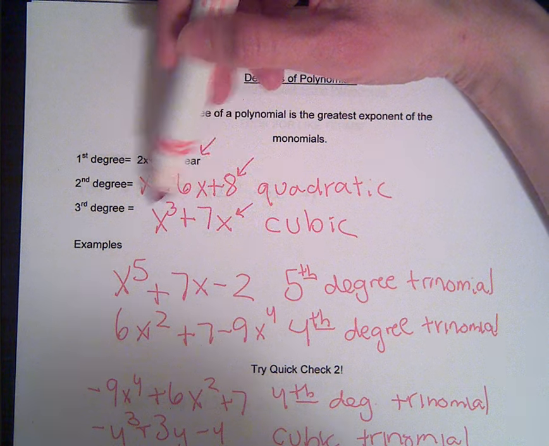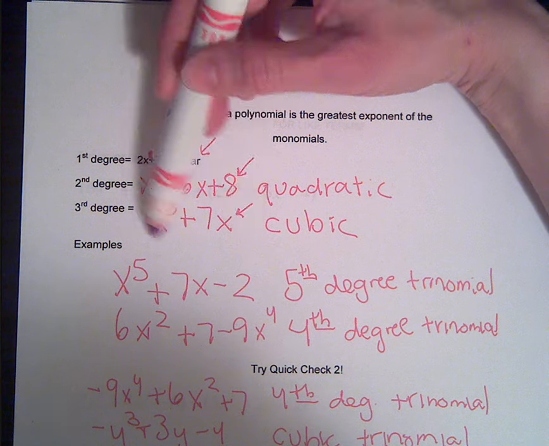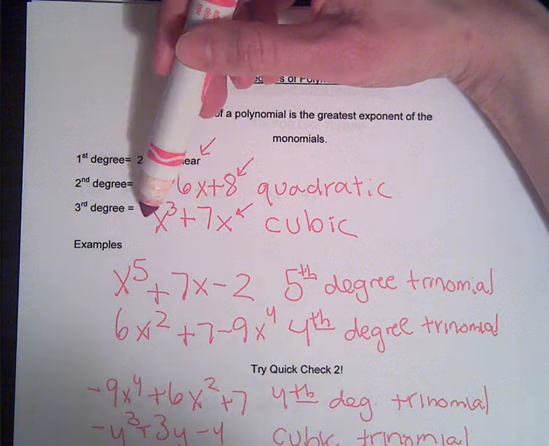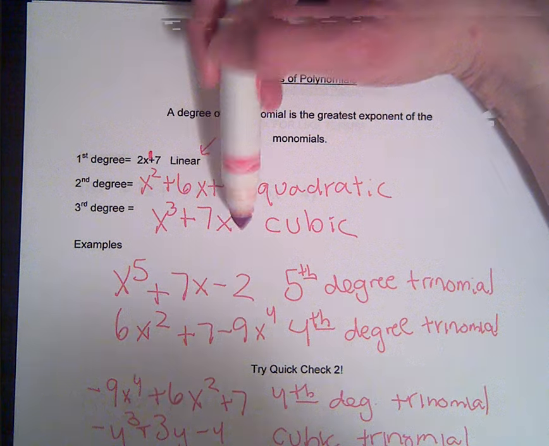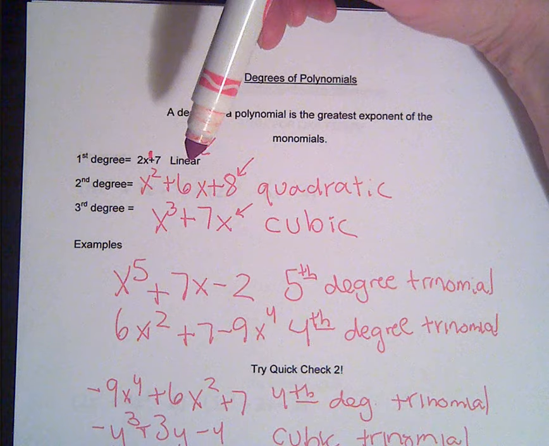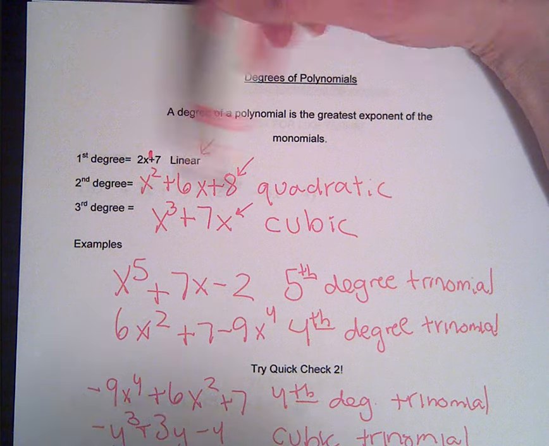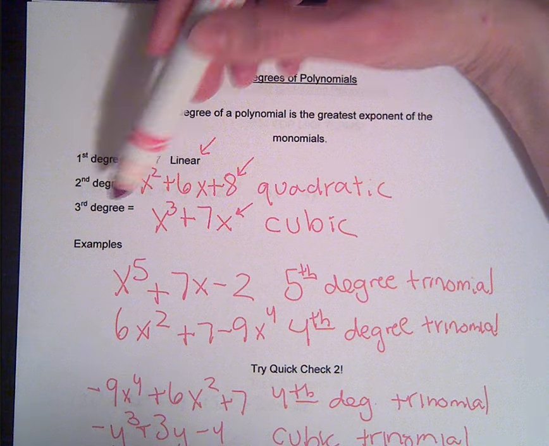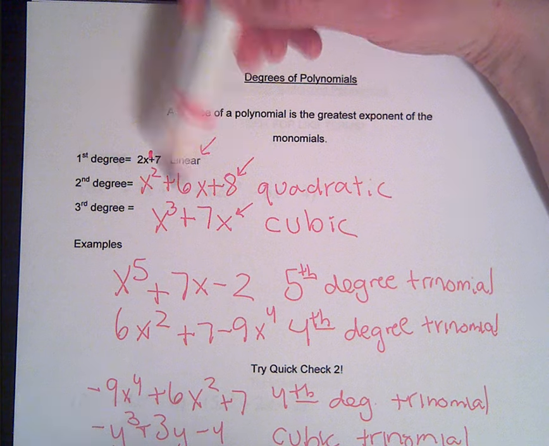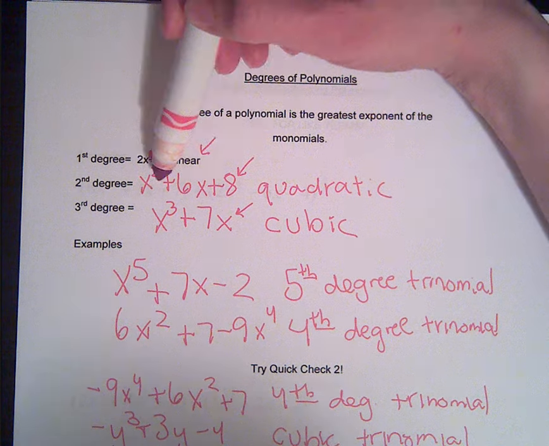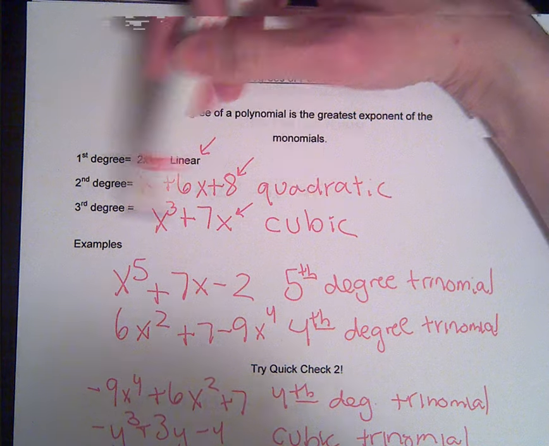And I would name this a cubic binomial because there are 2 terms. If it goes higher than third degree, it doesn't have special names. We would just say it's a 4th degree or a 5th degree or a 6th degree. But first degree, call it linear. Second degree, call it quadratic. Third degree, call it cubic.